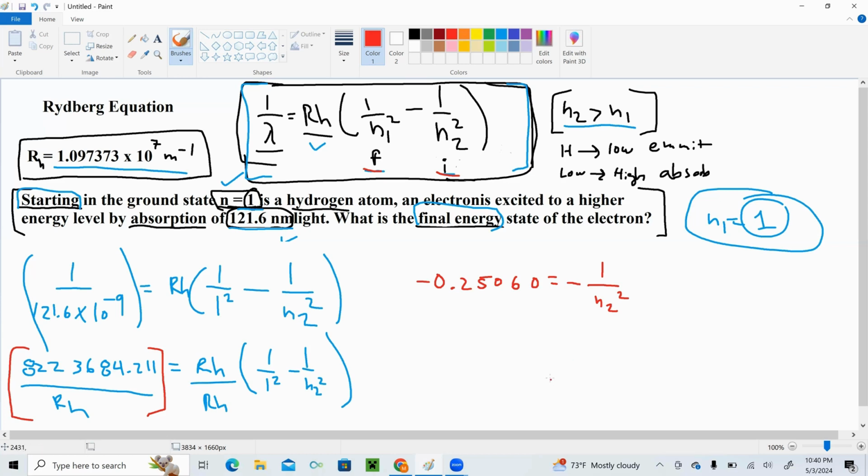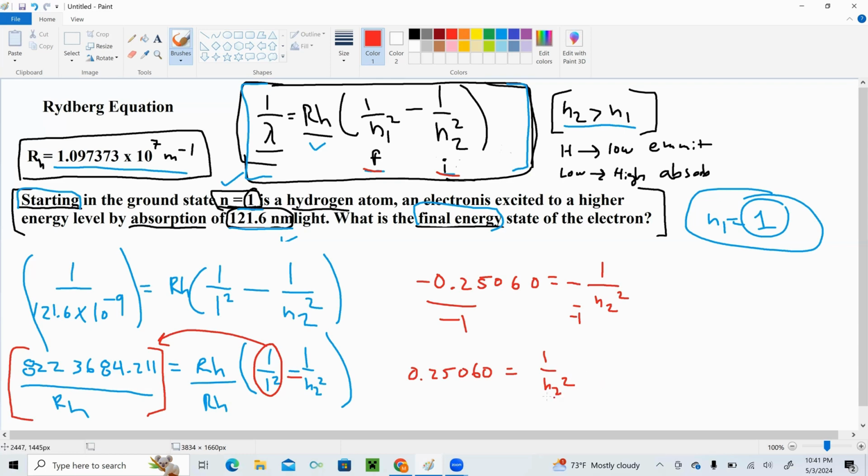I forgot about that. Negative. Because remember, we just moved this over here, but we still have this negative here. So that's why I put the negative there. So get rid of the negative. Negative 1 over negative 1 translates to 0.25060 is equal to 1 over n2 squared.